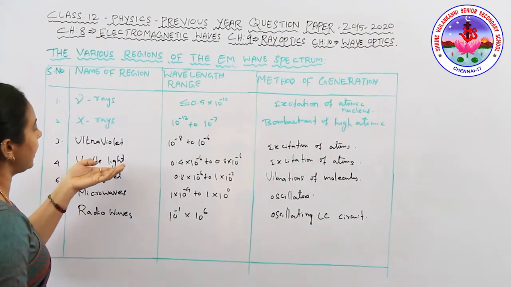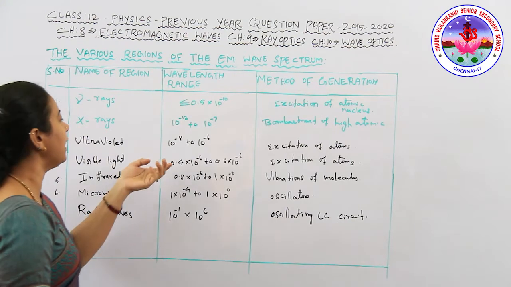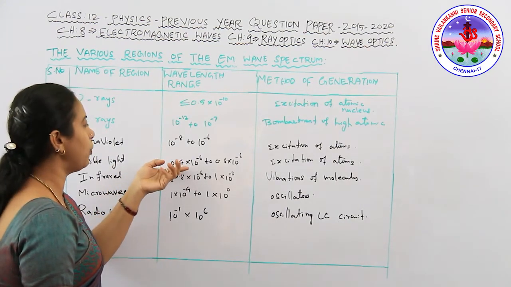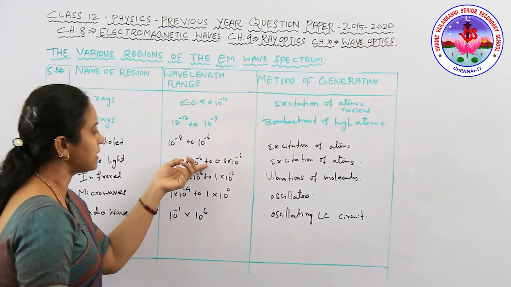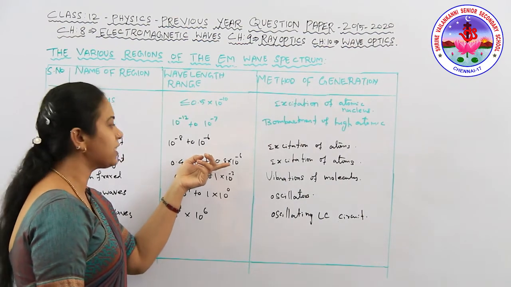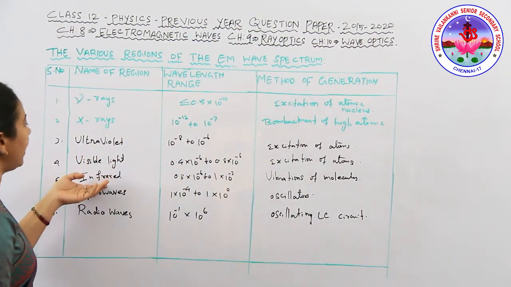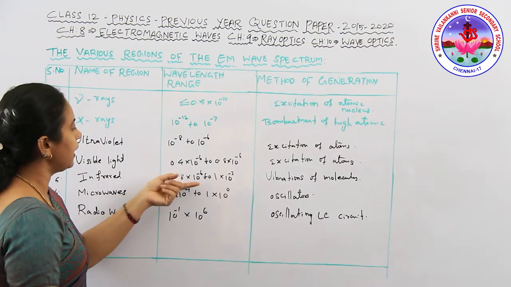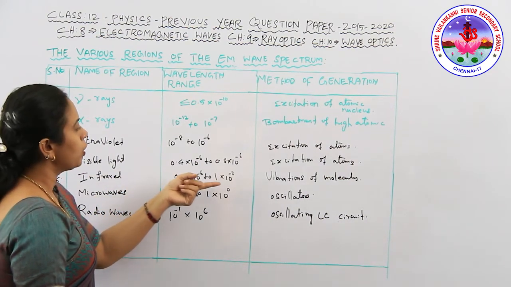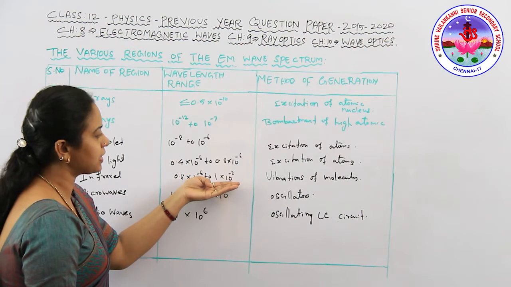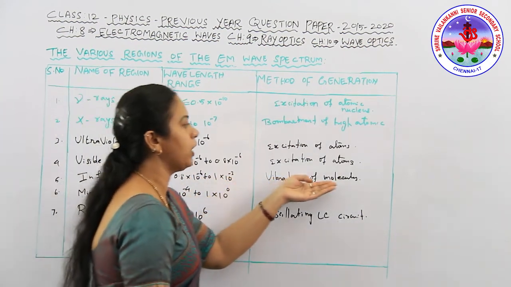Visible light, as we know very well, is 0.4 or 400 nanometer, that is 4 into 10 power minus 7 to 0.8 into 10 power minus 6, by excitation of atoms. Infrared waves are 0.8 into 10 power minus 6 to 1 into 10 power minus 3, generated by vibrating molecules in the atom.